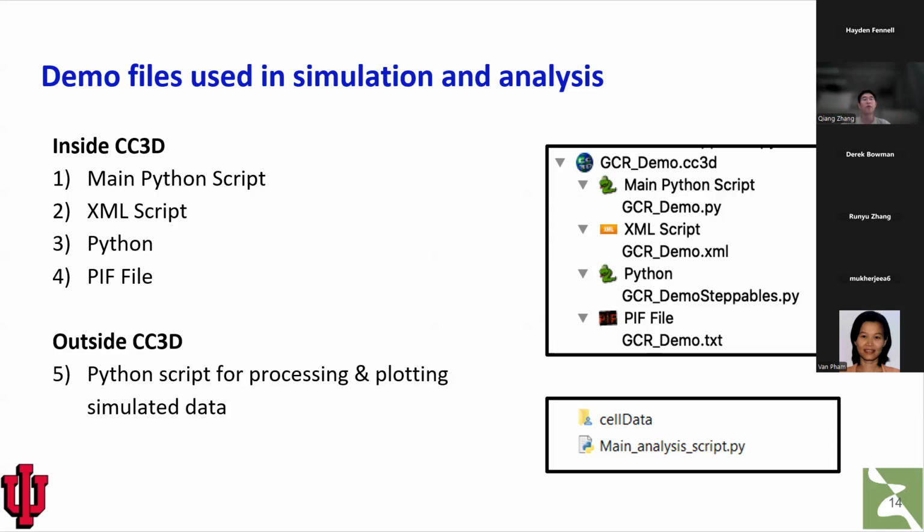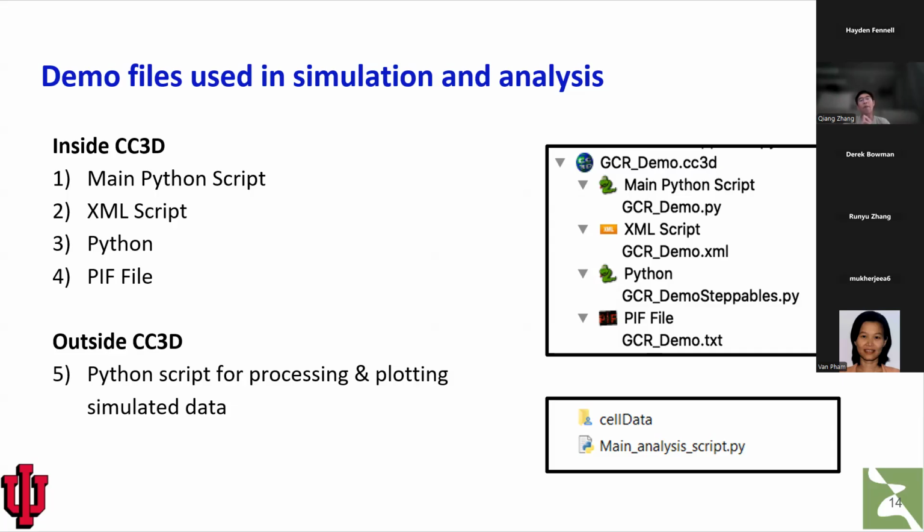In terms of the CompuCell3D model itself, as you have learned through the last few days, it essentially contains a main Python script, with some XML script, and the Python script defines all these functions, and the PIF file defines the position of the cells.